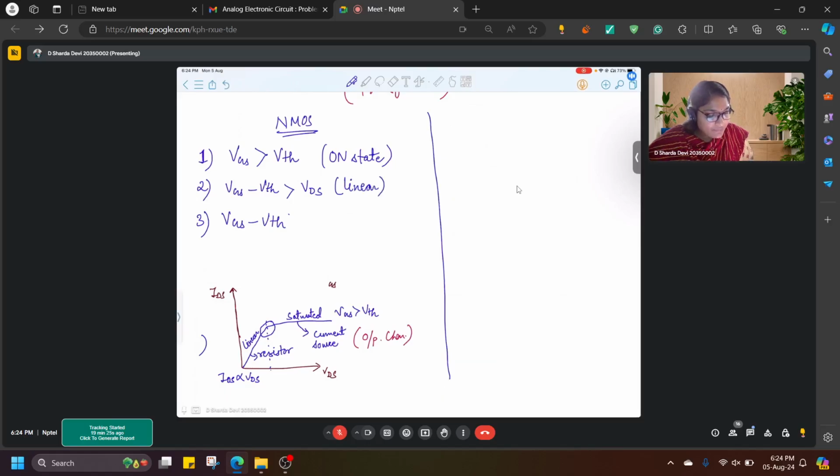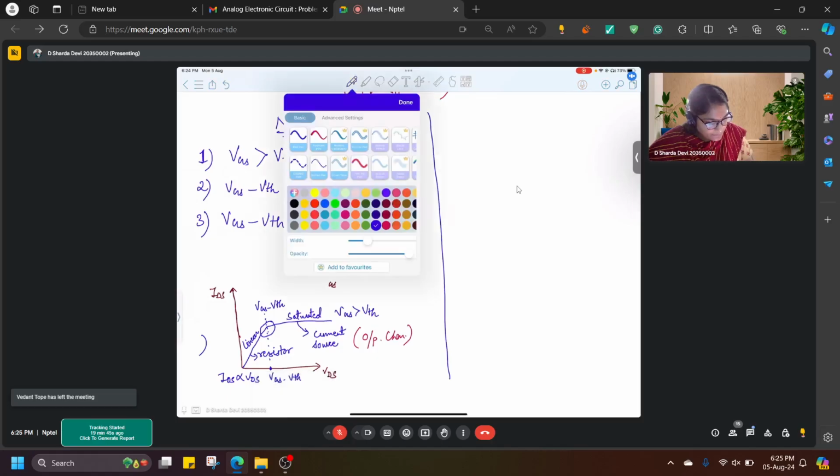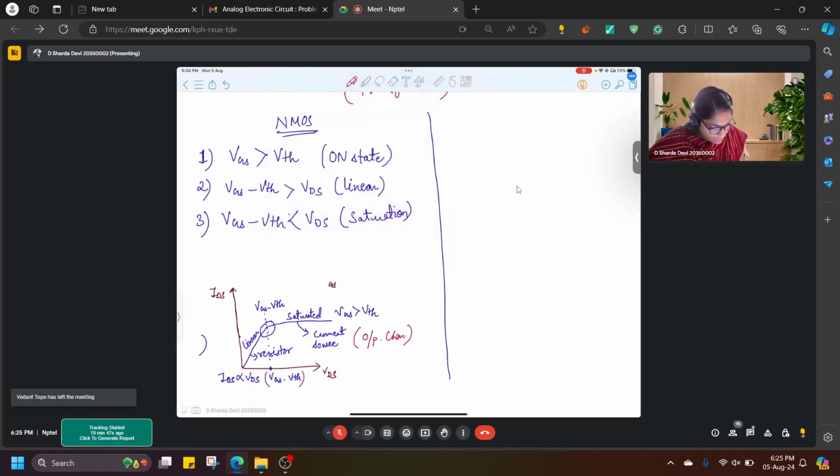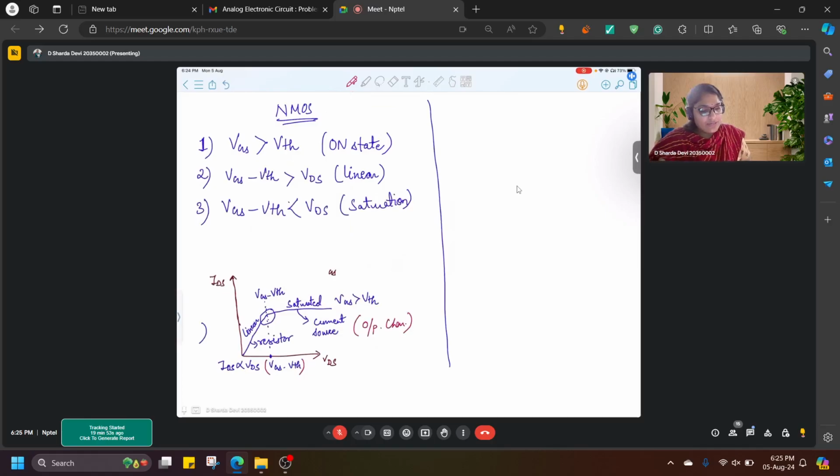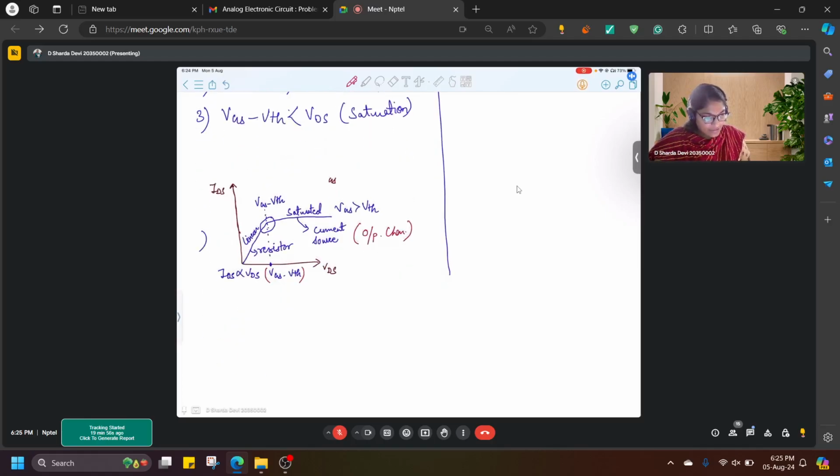That means smaller VDS is linear, larger VDS leads to saturation. And this particular point where it changes is VGS minus VTH. So these are the conditions for linear, on-state, and saturation.